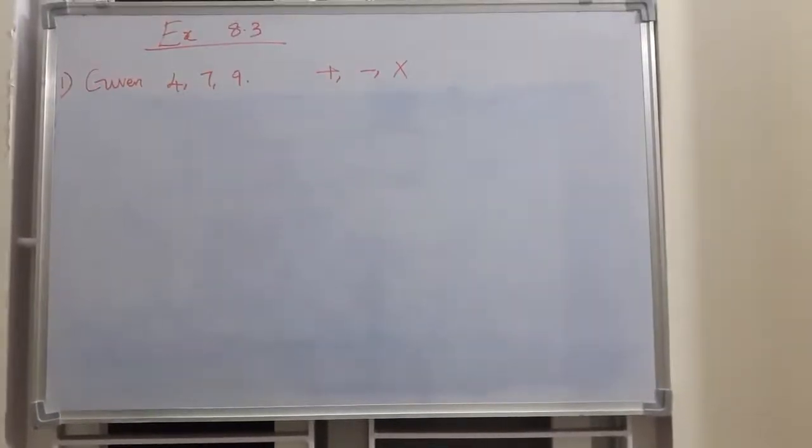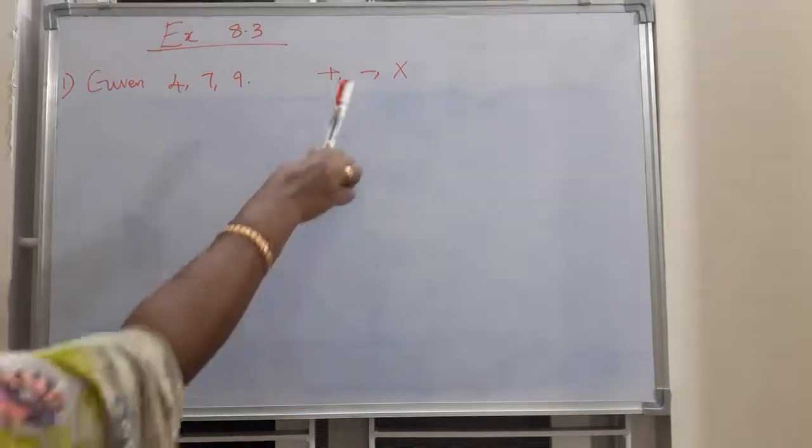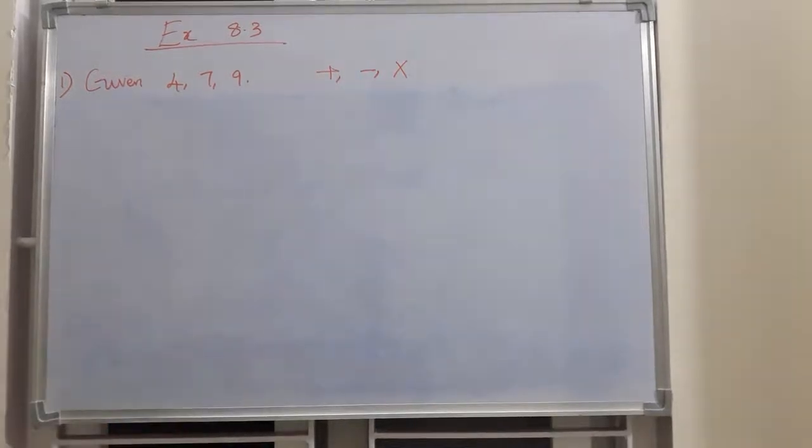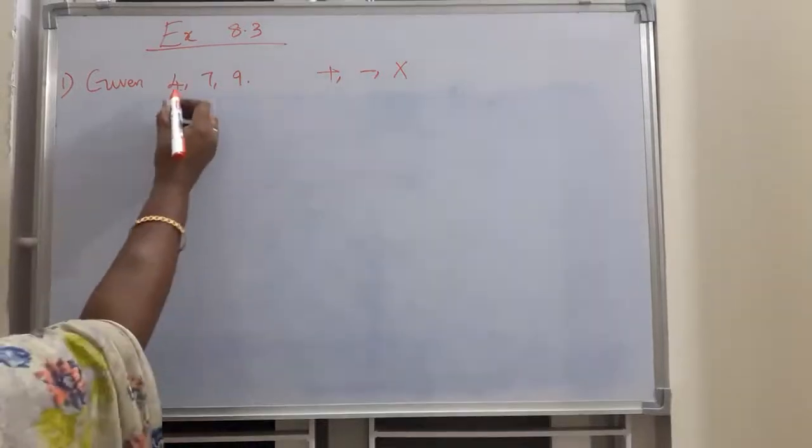So the next one is exercise 8.3, first question. Make 6 expressions with the numbers 4, 7 and 9 using the operations addition, subtraction and multiplication. Means you have to join them with these symbols and you should take only 2 numbers.